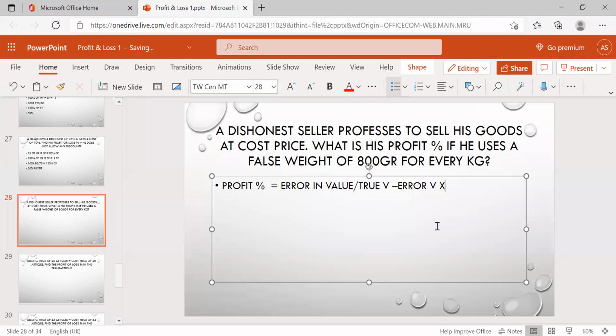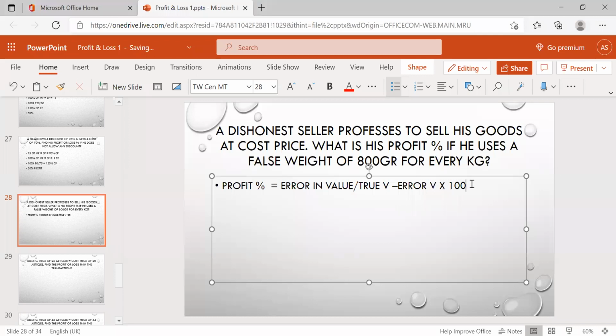Just pen it down. This formula is very important for calculating the error values. Profit in errors: the profit percentage is equal to error value by true value minus error value into 100. This is the formula.